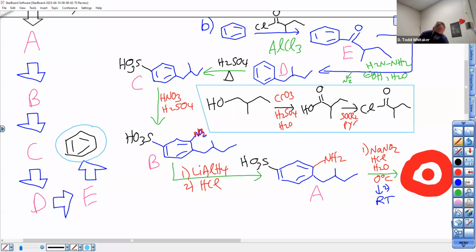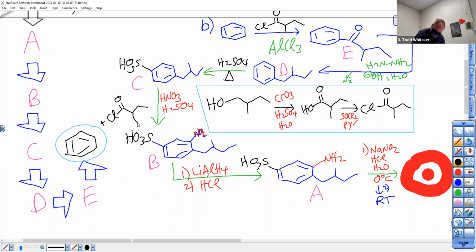But you got to remember, when did you introduce this group? It was benzene plus this group, right? Plus Cl carbonyl, 1, 2, 3, 4, 5, 1, 2, 3, 4. And there.